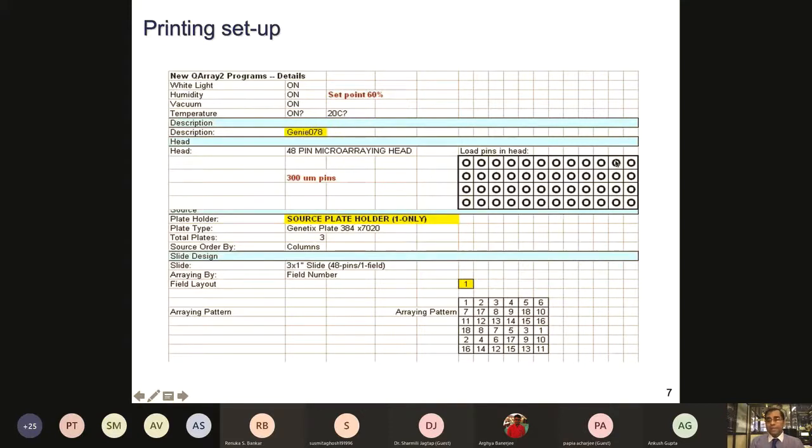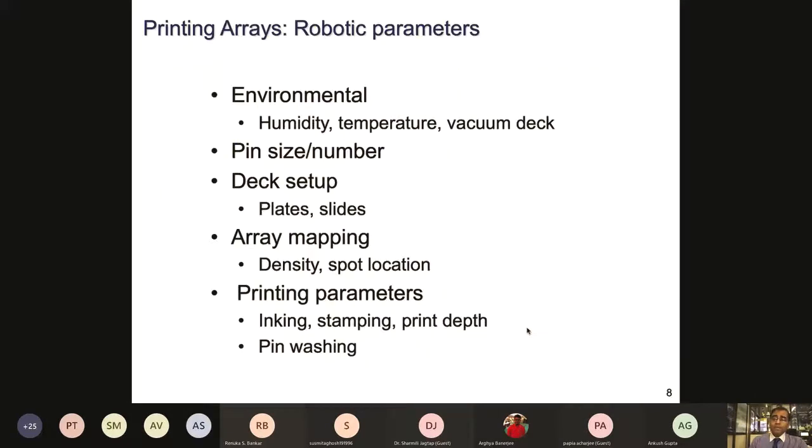In this case we have a 48-pin microarray head, and then you decide what array layout pattern you are going to make. You feed this information into the software. Then the software picks that layout, dispenses the content and prints it on the microscopic glass slides.